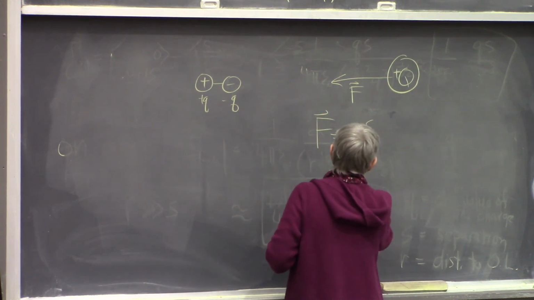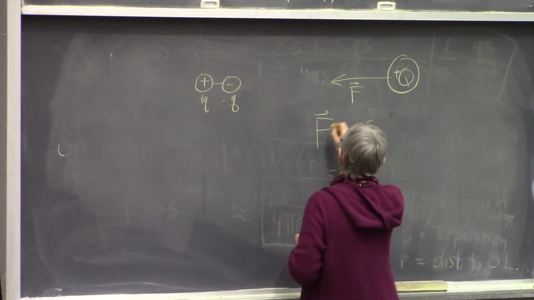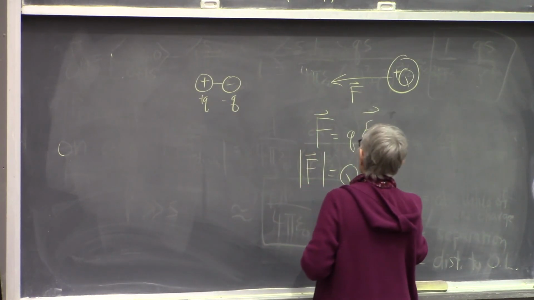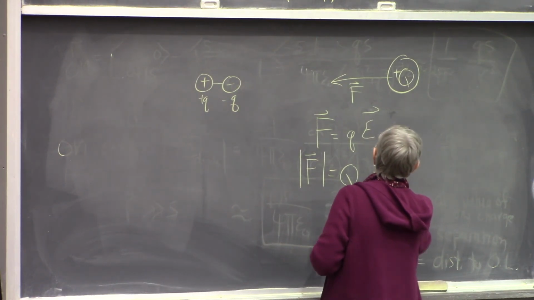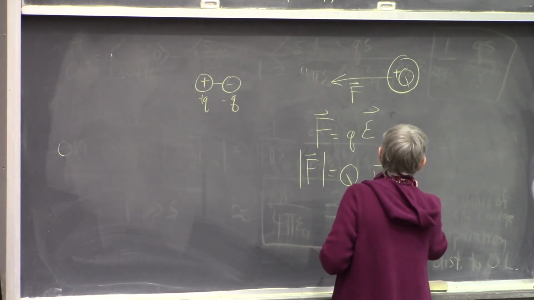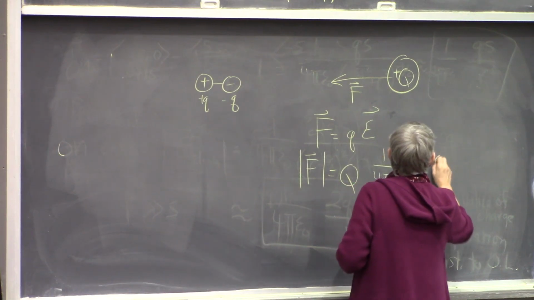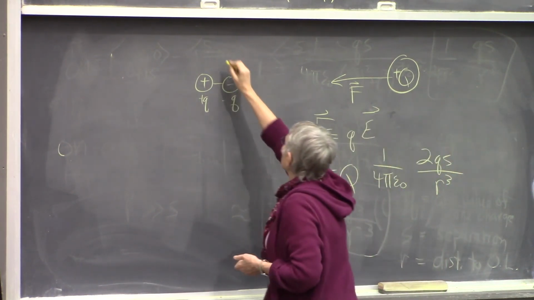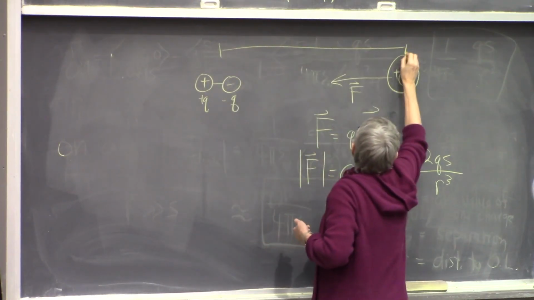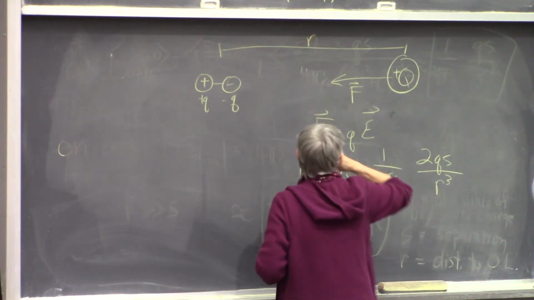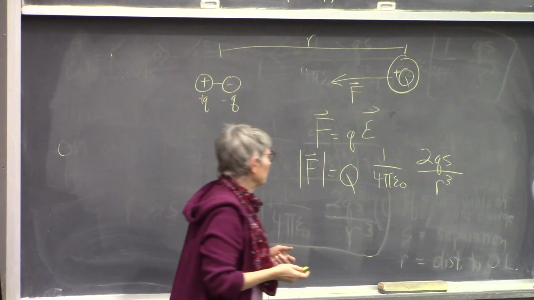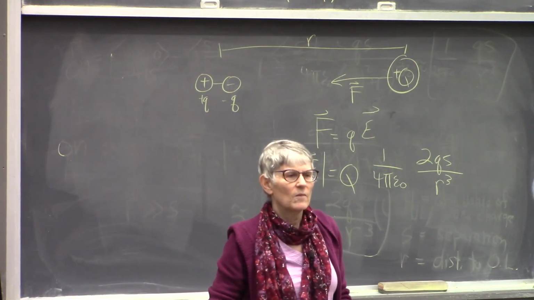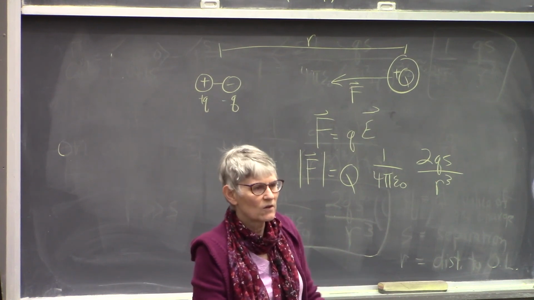So the magnitude of the force is Q times 1 over 4 pi epsilon-0 times QS over R cubed, where that's our distance R. Okay, so we've got the magnitude of the force by the dipole on the point charge.